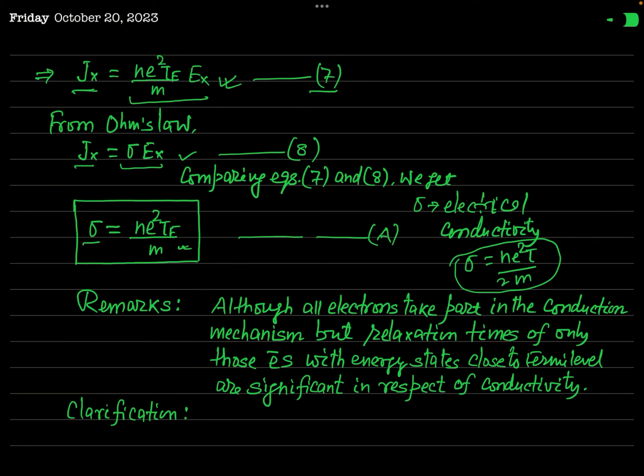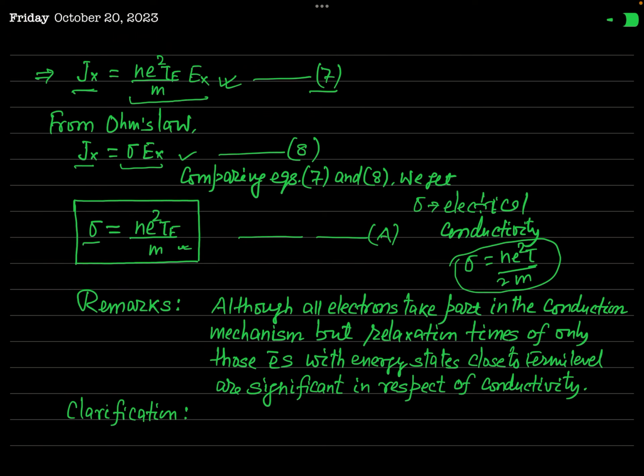But instead of tau f, in the classical calculation, in Lorentz-Drude theory, we have tau. But here there is tau f. And what is the difference between tau and tau f? Tau f is the relaxation time for those electrons whose energy lies near about the Fermi level.